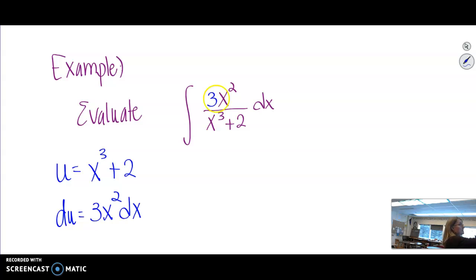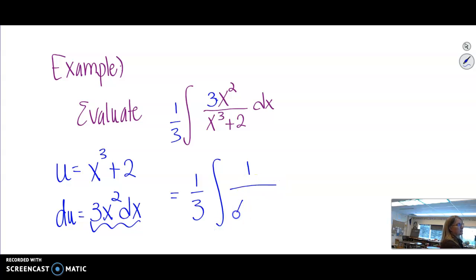But if I put a 3 here, because I want it to match, I need a 1/3 on the outside. So I'm going to go 1/3, and then I'm going to split this up to see it more clearly. I have 1 over x cubed plus 2 times 3x squared dx. If I multiply it across, I'd get what I started with there.